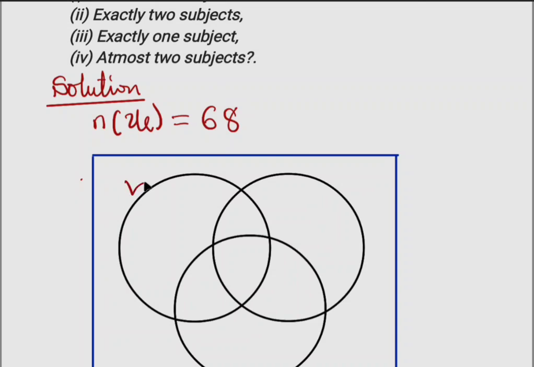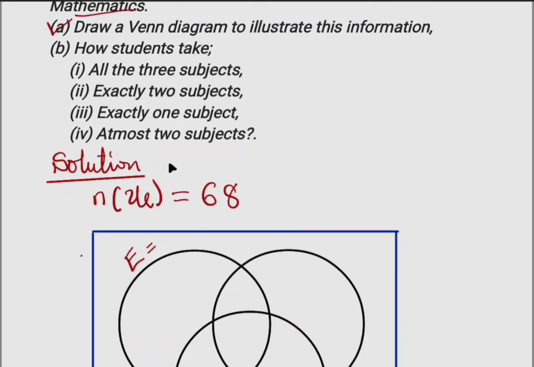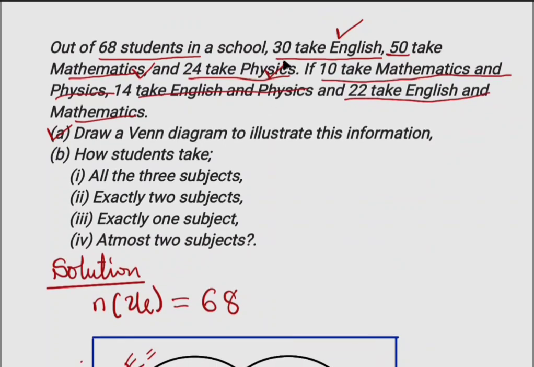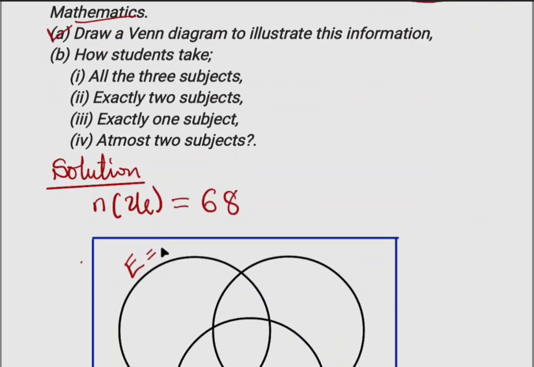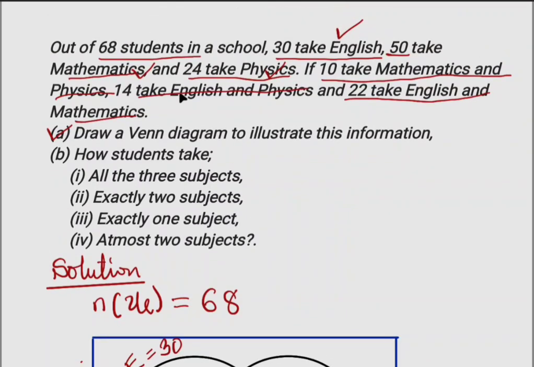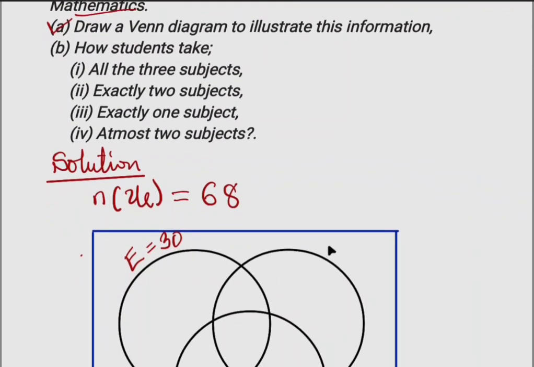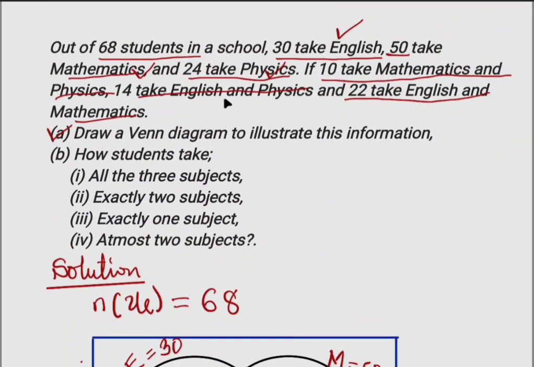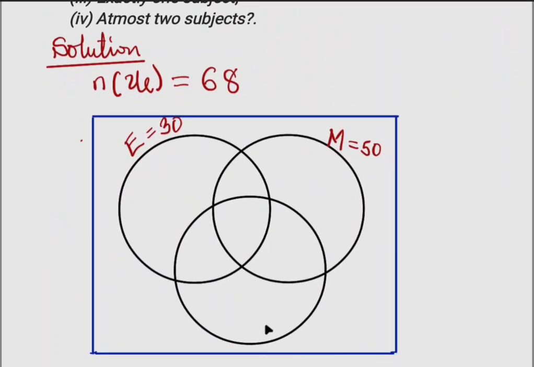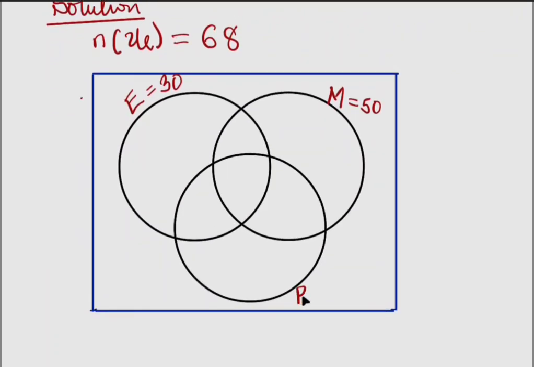This one will be English, and we are given 30 students take English, and 50 take mathematics. So let mathematics be here, 50, while for physics we have 24. Let P represent physics.